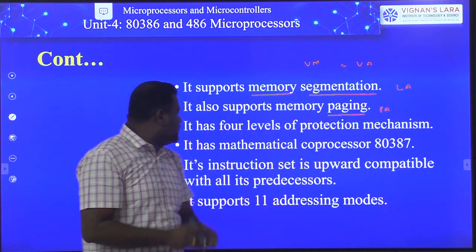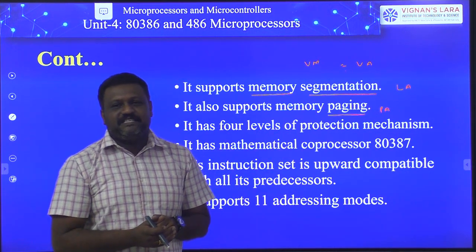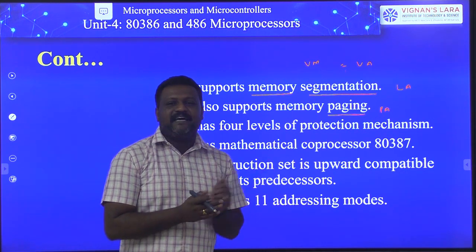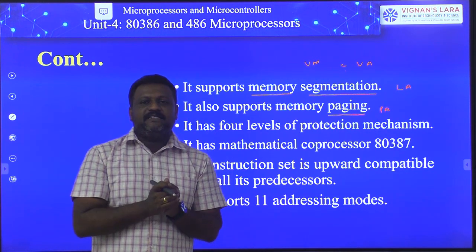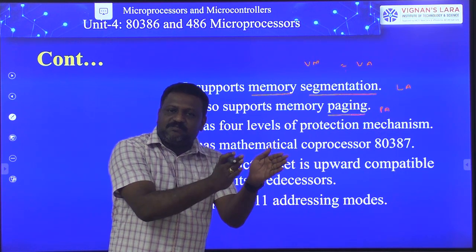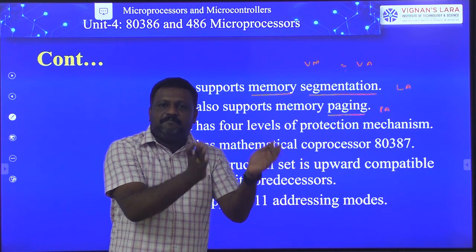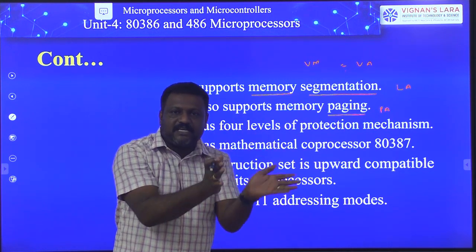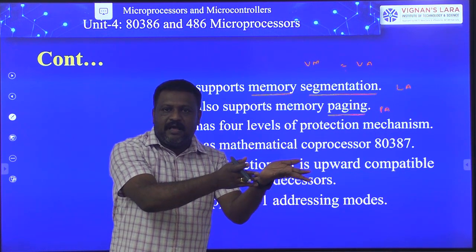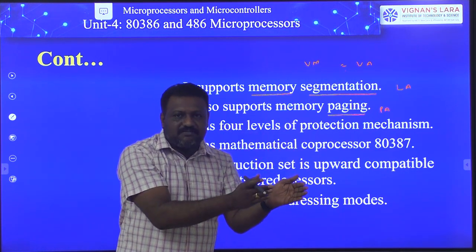that is from virtual address to physical address, guys. Next, it has a 4-level protection mechanism. Yes, it is another interesting feature that we found in the 80386. So what is this protection mechanism? Remember guys, your system may consist of system software as well as user memory. That means system software, the programs which are needed for proper working of your system, may consist of the operating system kernel, operating system extensions as well as the device drivers. Everything exists in your system as system files.